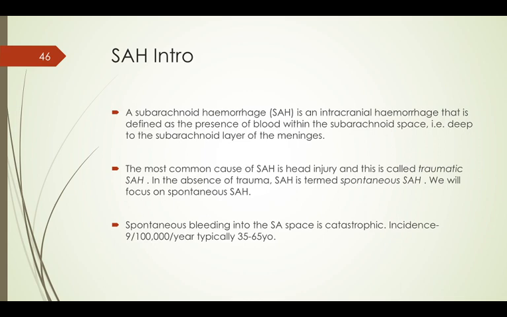Okay, so between the arachnoid and the pia is where you get this bleed. Most common cause is traumatic. However, in the absence of trauma, it's spontaneous subarachnoid hemorrhage, which is what we're going to focus on today. And it can often be a catastrophic diagnosis with quite a big mortality.